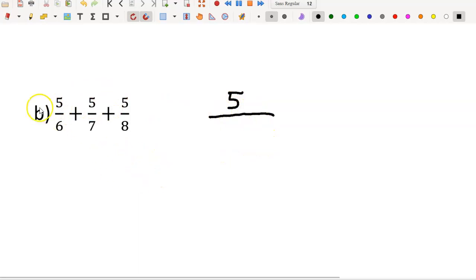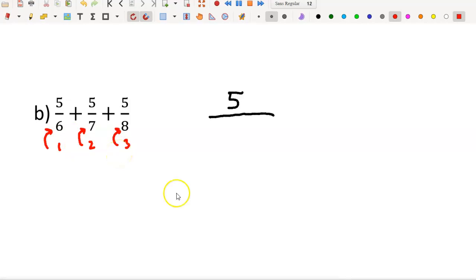So instead of finding a pattern with the whole fraction, just ask yourself, if this is the first term, and this is the second term, and this is the third term, we'll pretty much ignore the 5's at this point and just ask, is there a property that gives me from 1 to 6, 2 to 7, 3 to 8, right? And if you can find a single addition or multiplication, then that's going to be your rule for the bottom, and it's just going to have the 5 on top.